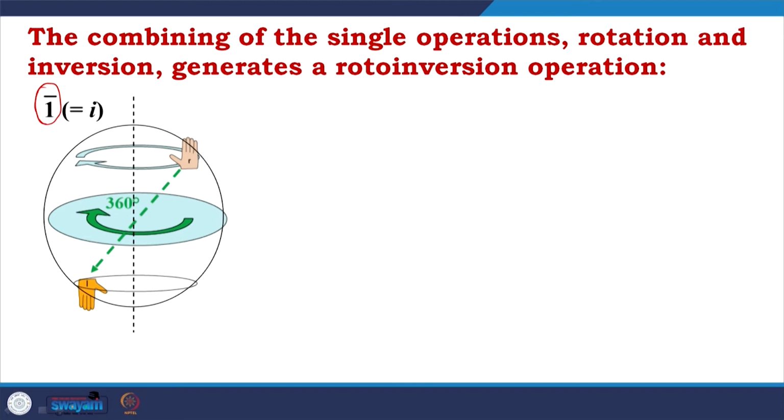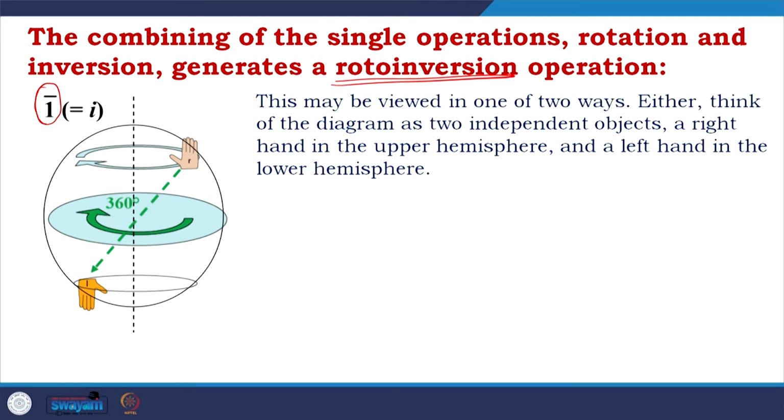This is a 3-dimensional operation. So, you have this picture. If you think of that diagram as two independent objects, you have a right hand in the upper hemisphere and you have a left hand in the lower hemisphere.